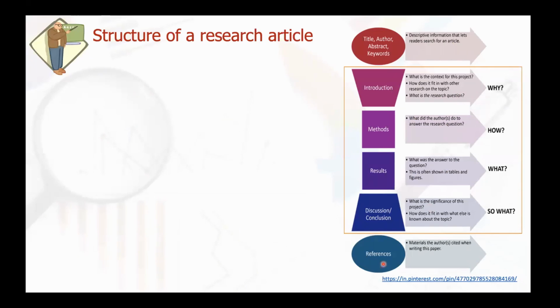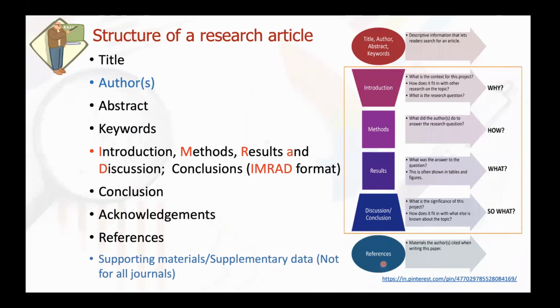Then the references. So this is a brief outline about the content of the paper. First there will be the title, then the authors, then the abstract, then the keywords, and then the text of the paper appears like this: introduction, methods, results and discussion, and conclusions. All these together, the text, is called IMRAD.